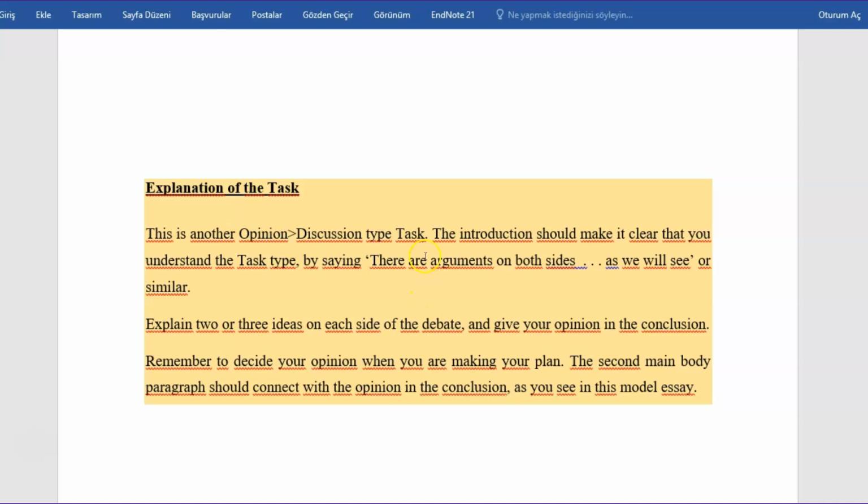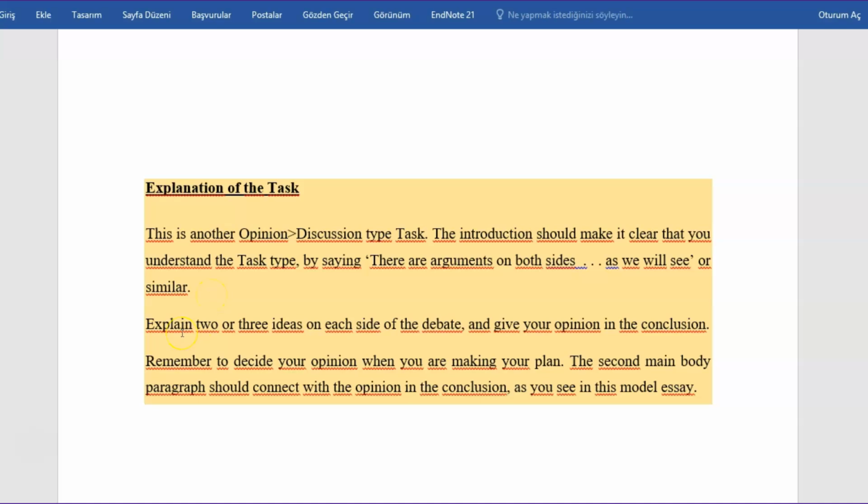And in this type of question, the introduction paragraph should make it clear that you understand the task type. Pay attention by saying there are arguments on both sides, as we will see, or similar sentences.